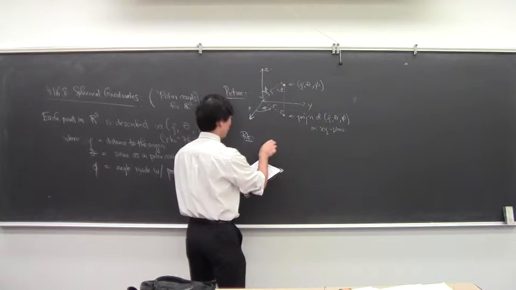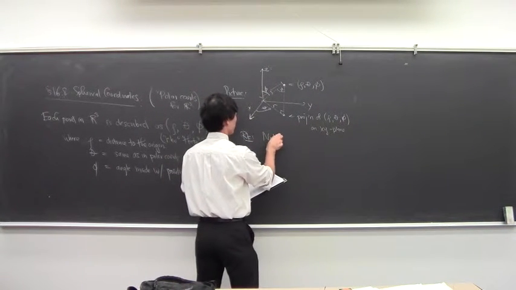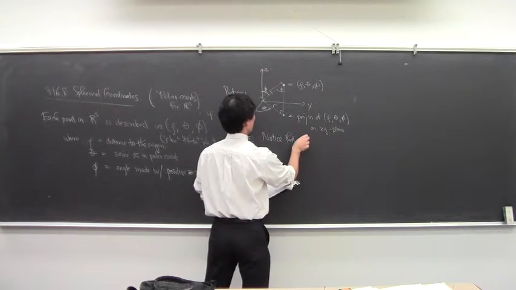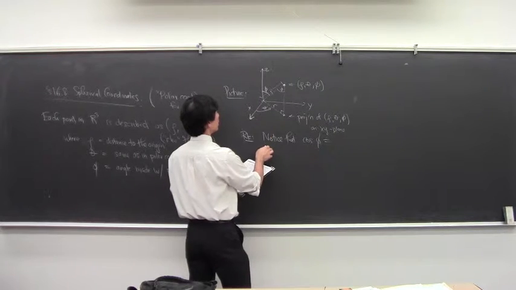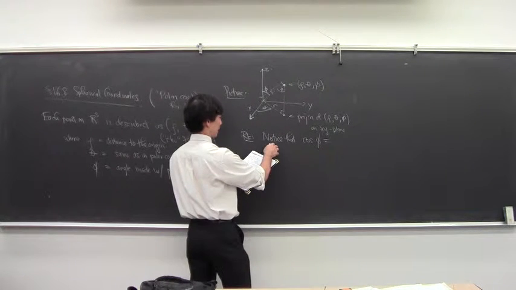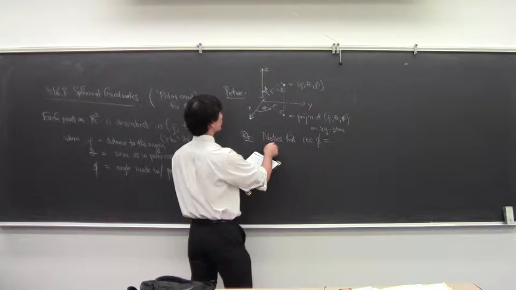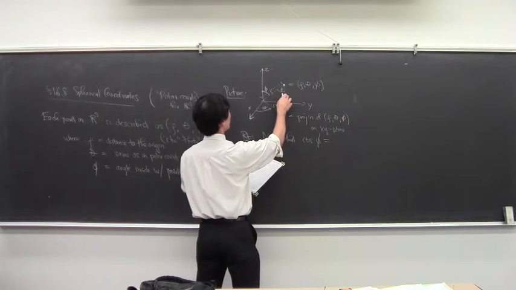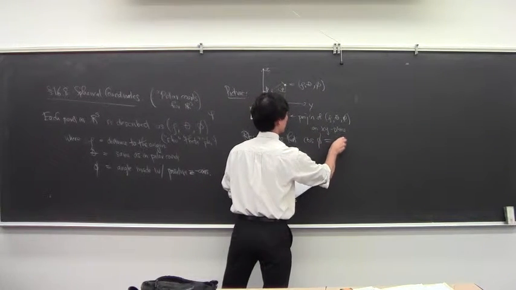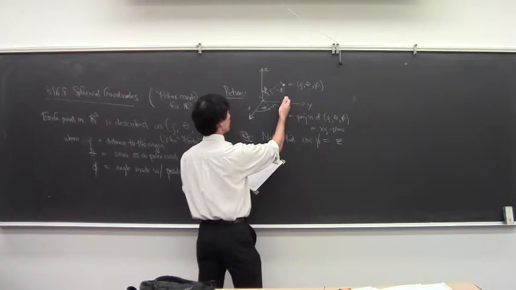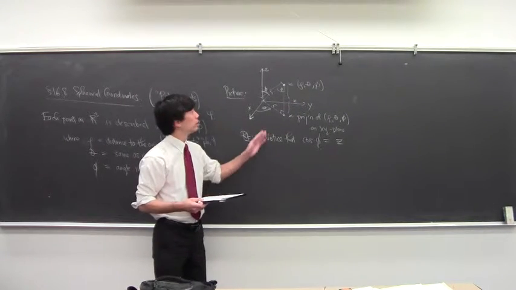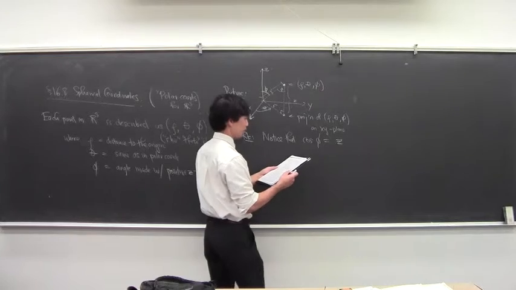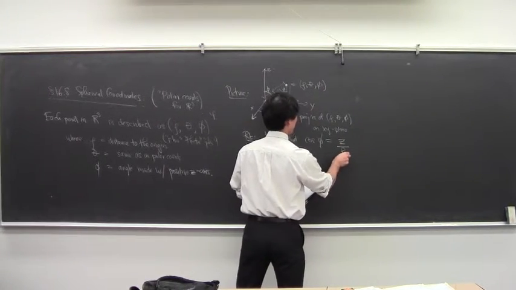Okay. So let me make a remark. Notice that the cosine of phi is the z coordinate over rho.